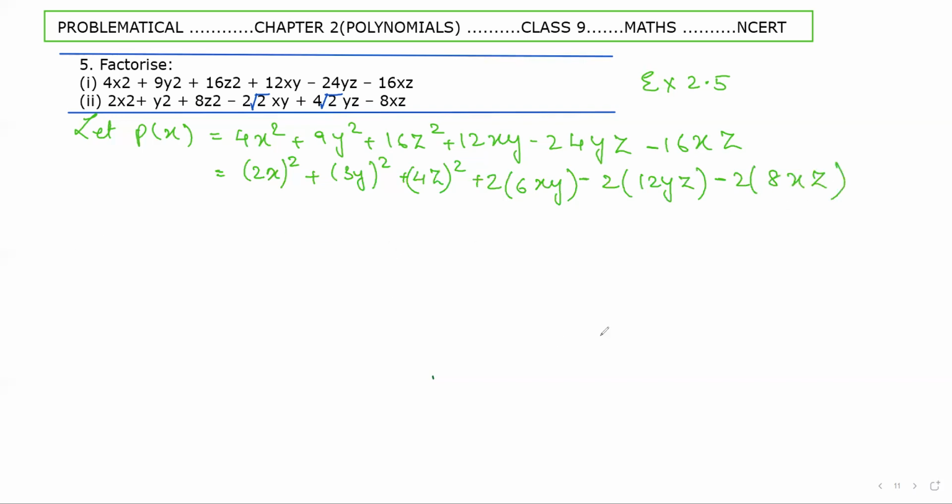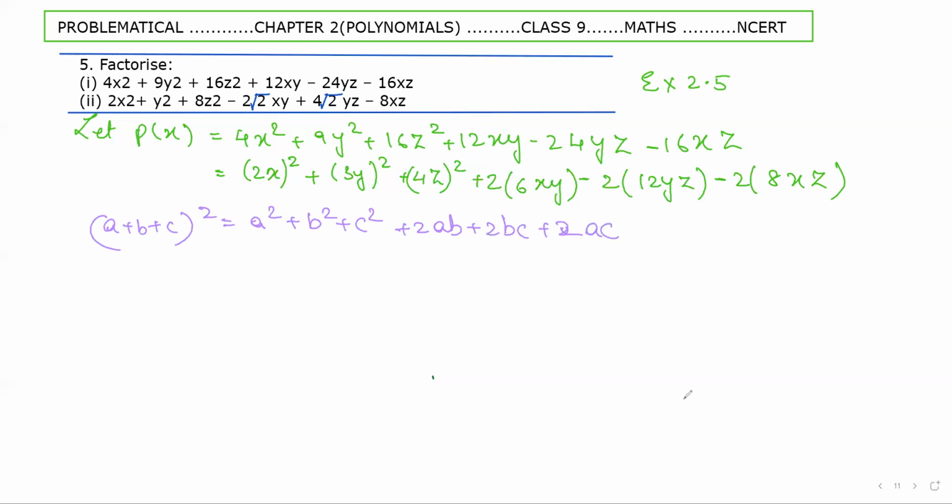We know the formula for this. Since x, y, z variables are used, we'll write the formula in terms of a, b, c. (a plus b plus c) whole square is equal to a square plus b square plus c square plus 2ab plus 2bc plus 2ac.